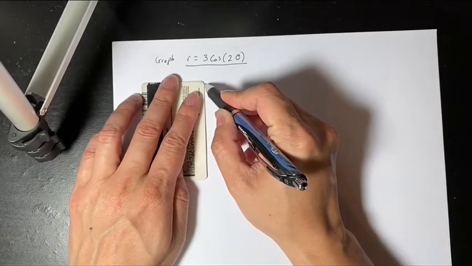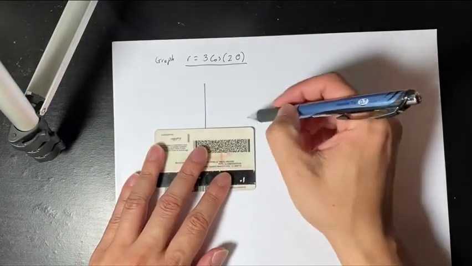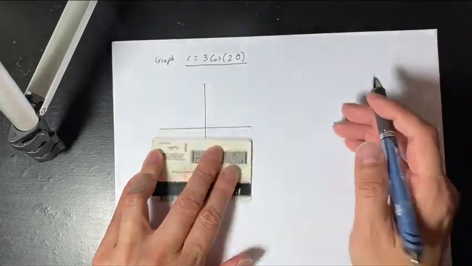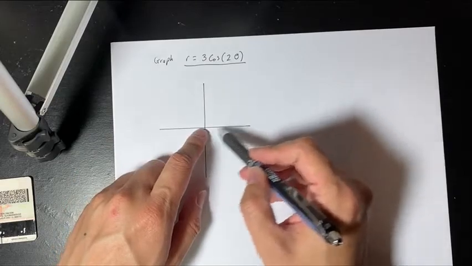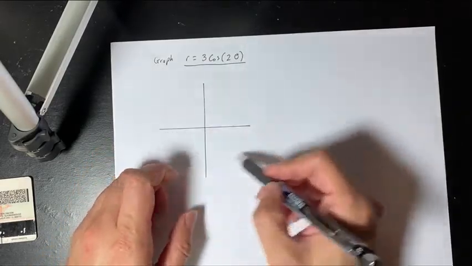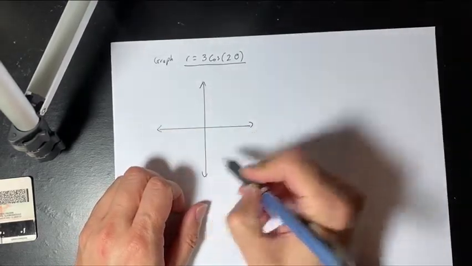Okay, so I'm going to draw the xy plane. So we're going to see the relation of r to theta, which is the rotation around this xy plane.